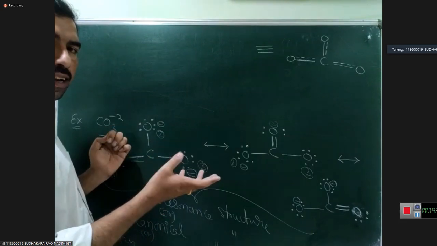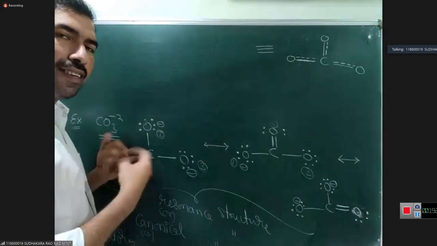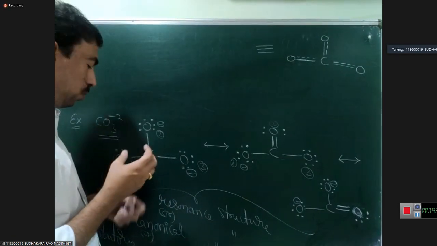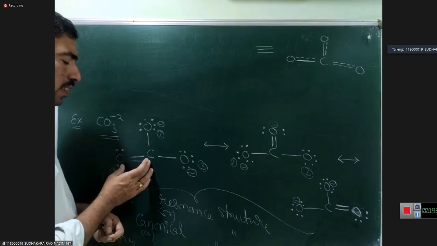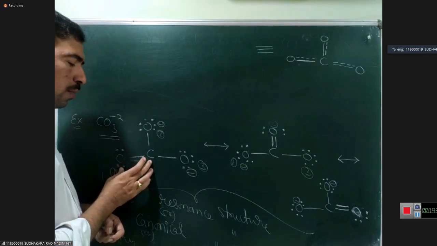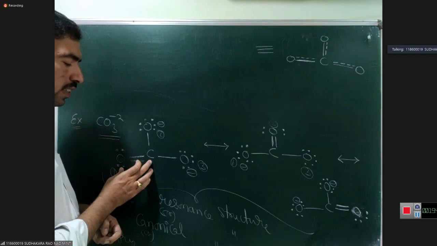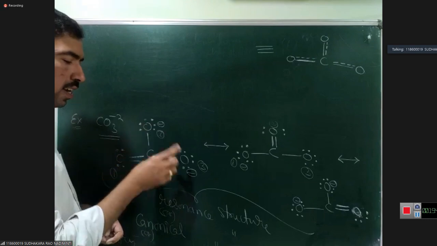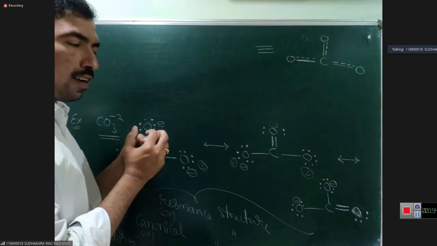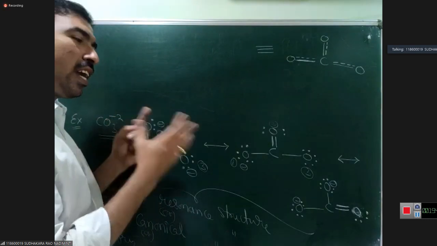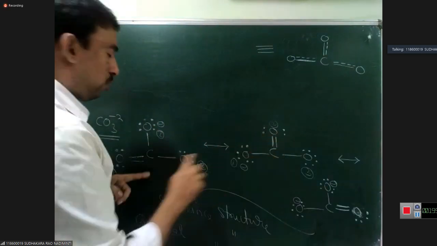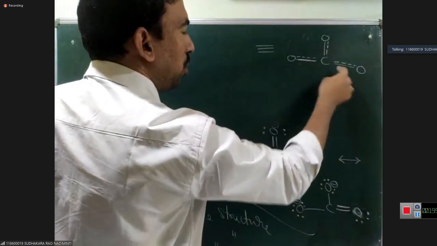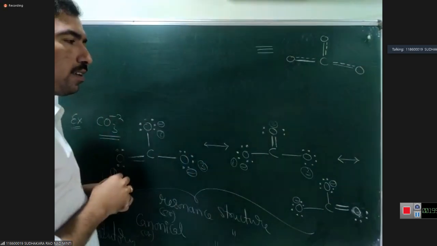The double bond is not purely staying between two particular atoms only. Sometimes the double bond 33.3% of the time can be present here, 33.3% of the time here. So the double bond character will be distributed equally wherever we are able to write it, at all these three positions.